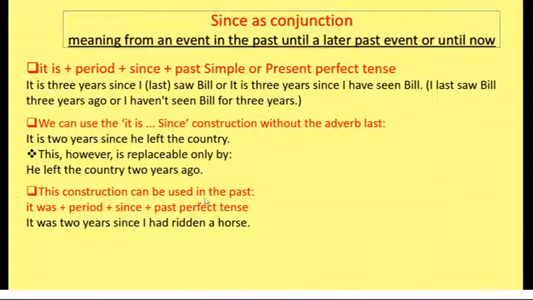This construction can be used in the past, and if the construction is used in the past, then the later clause will be in past perfect tense. It was plus period plus since plus past perfect tense. It was 2 years since I had ridden a horse.